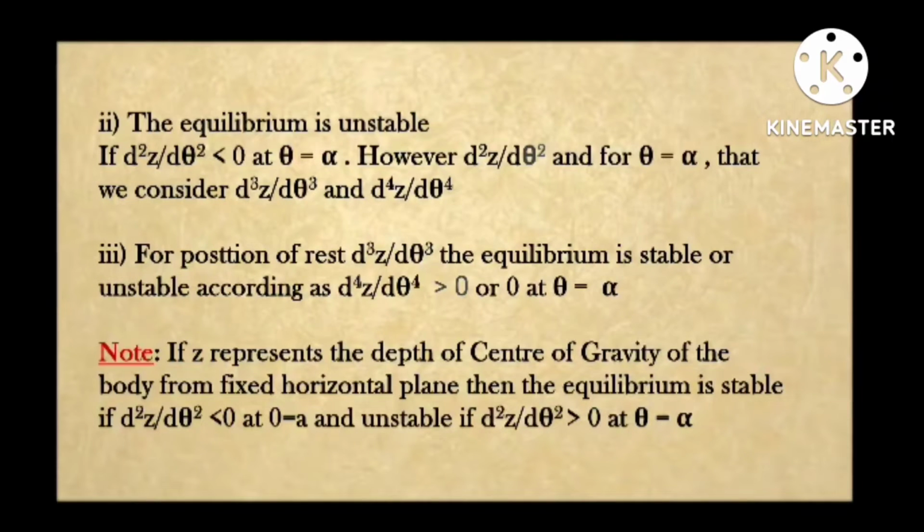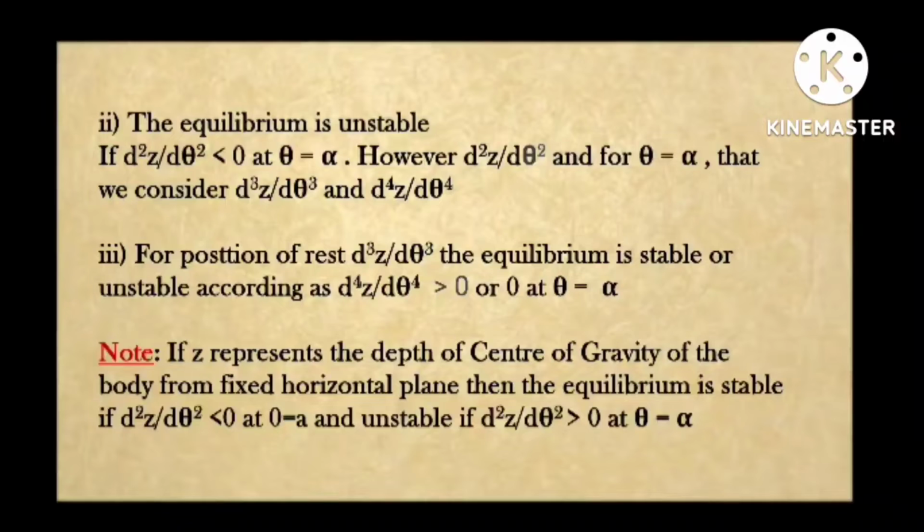However, if d²z/dθ² vanishes for θ = α, then we consider d³z/dθ³ and d⁴z/dθ⁴. Third, for the position of rest, if d³z/dθ³ is 0, the equilibrium is stable or unstable according as d⁴z/dθ⁴ is greater than 0 or less than 0 at θ = α.